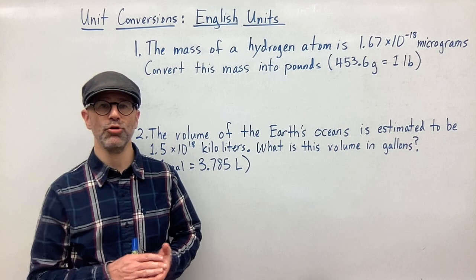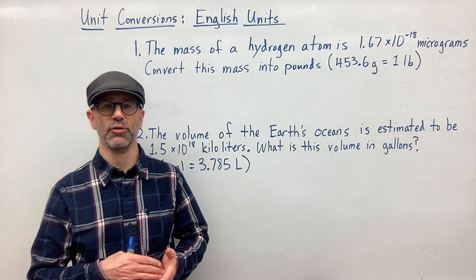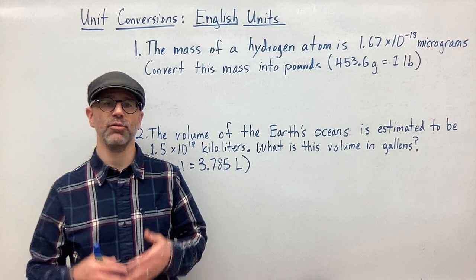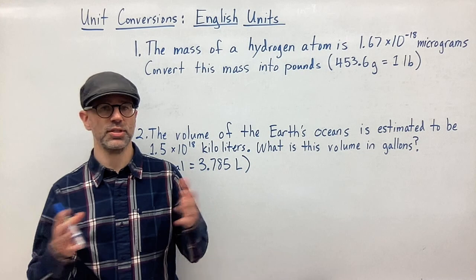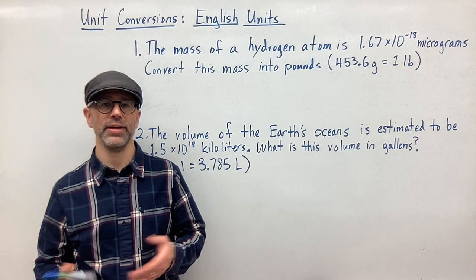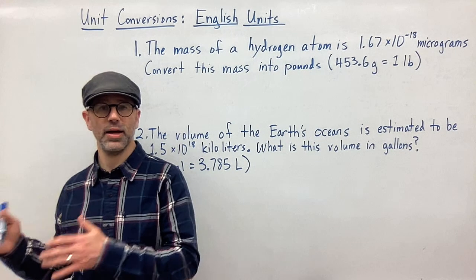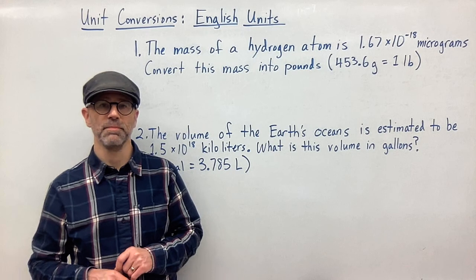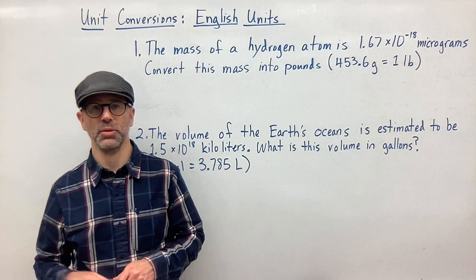Or if you knew the relationship between, say, grams and ounces, you can convert grams to ounces. And then if you knew ounces to pounds, you could then use the relationship between ounces and pounds to convert to pounds, right? So there's multiple different ways of converting from one unit to an English unit. It just depends on what you know or what you're given in the problem.